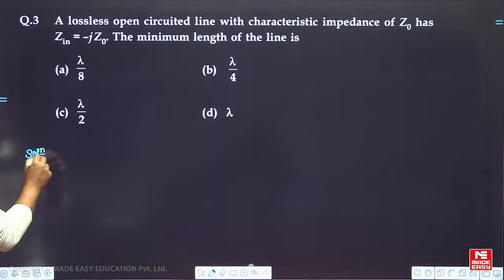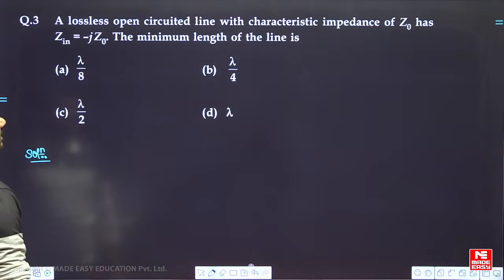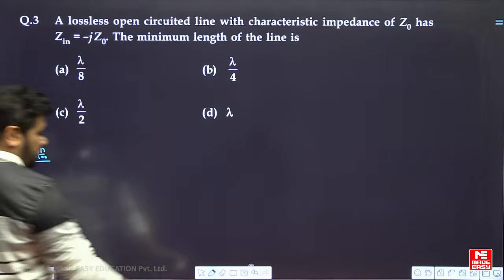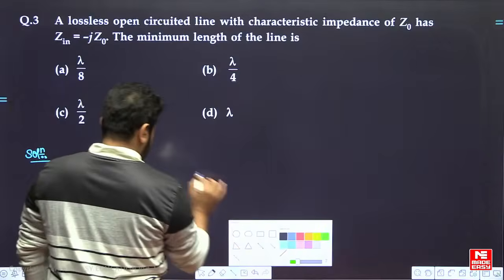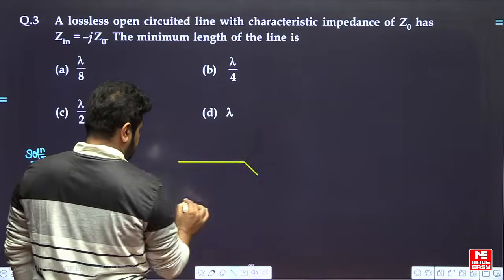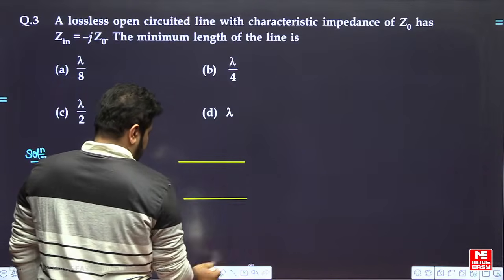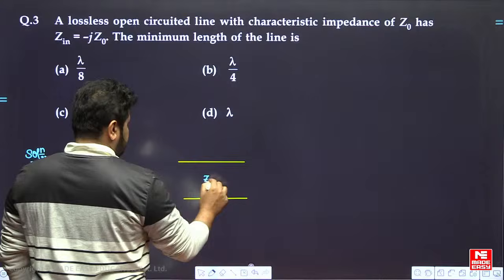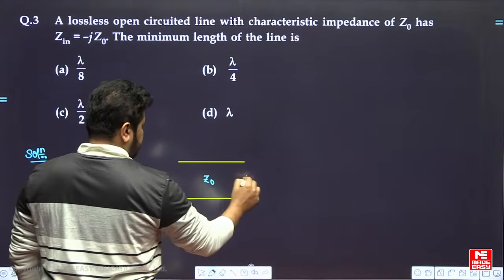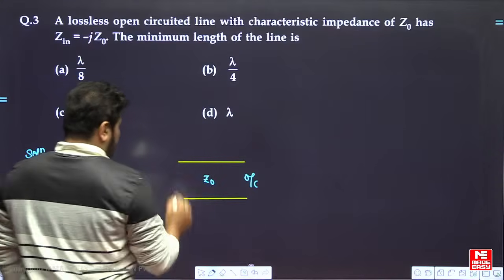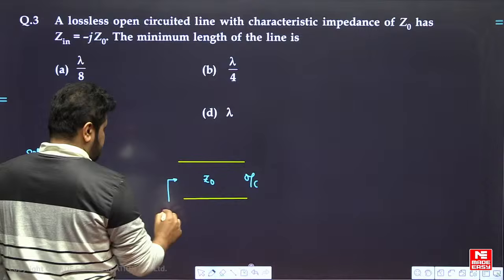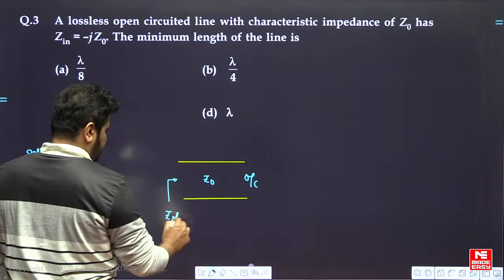The question says a lossless open circuit line with characteristic impedance Z0. So we have an open circuit line. Let us say this is a transmission line with characteristic impedance Z0, and it is open circuited at the end. Now here we have the input impedance Z open circuit.